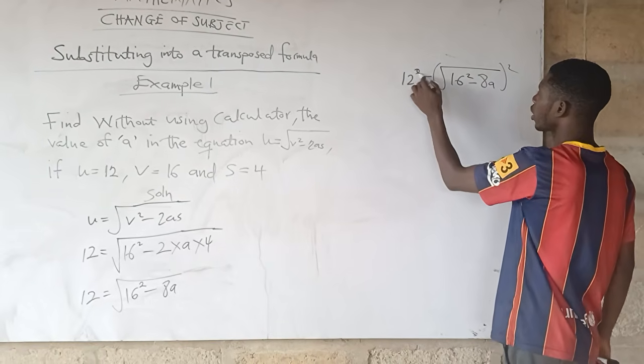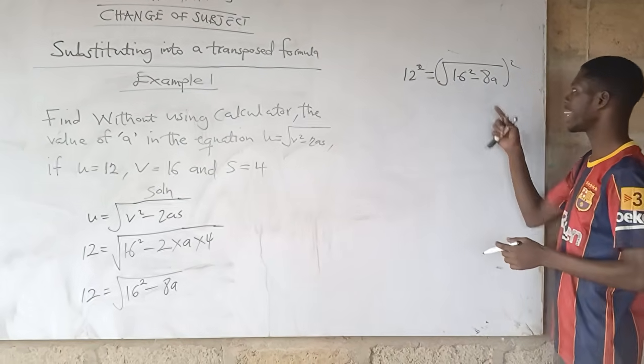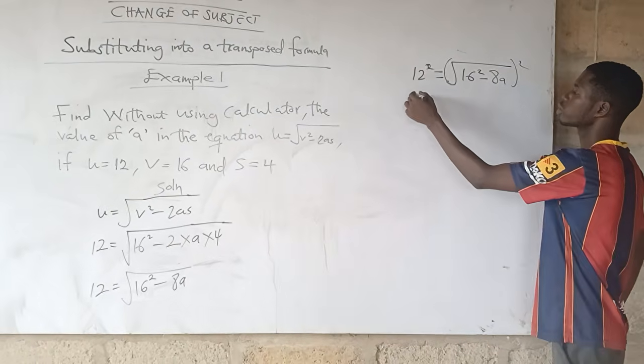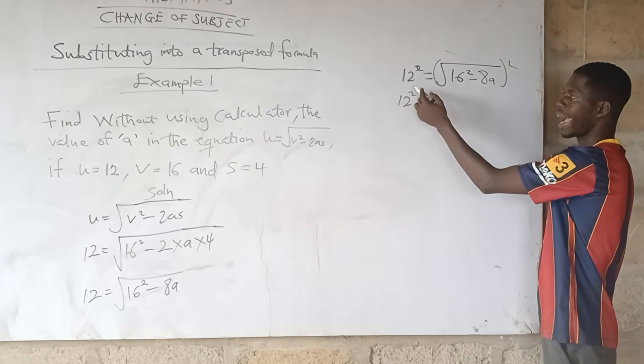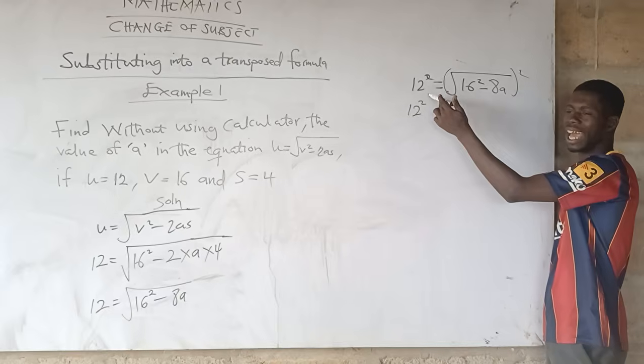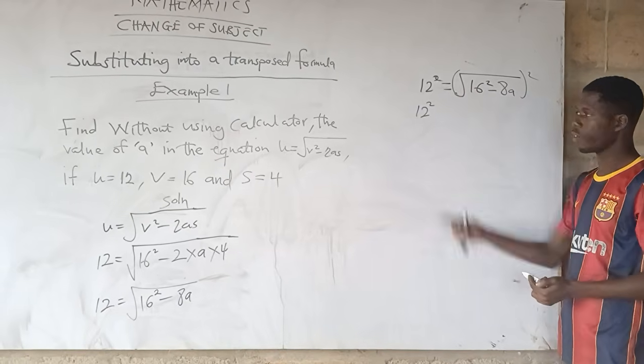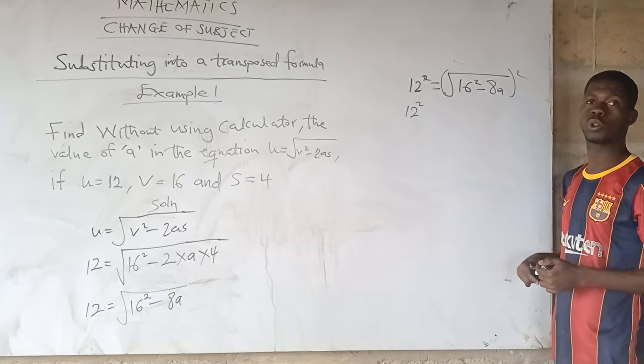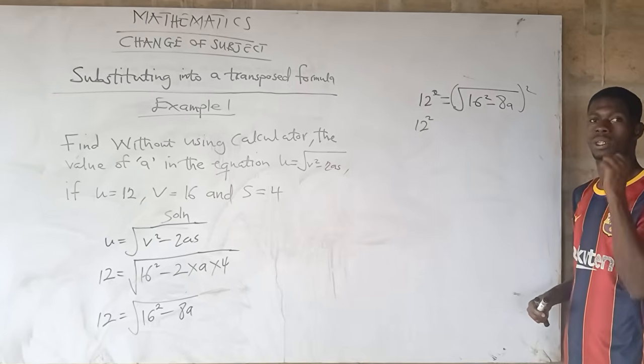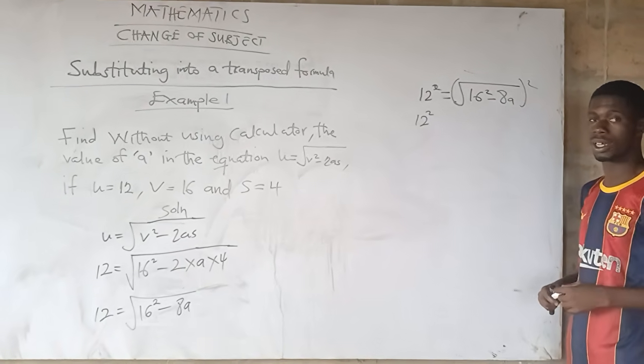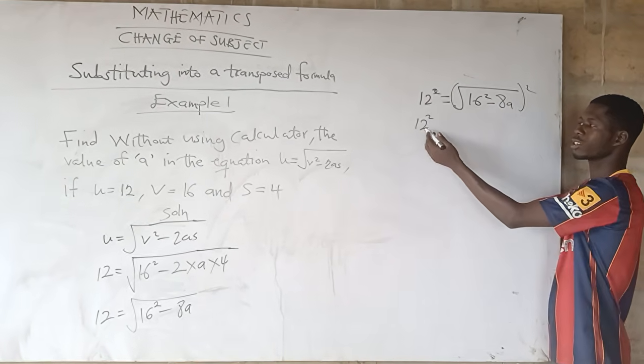Because you square both sides so that you can eliminate the square root. I didn't simplify this one because they are saying I shouldn't use a calculator. If I write 144, it means I have used a calculator, but the question says don't use a calculator, so I will still maintain it.